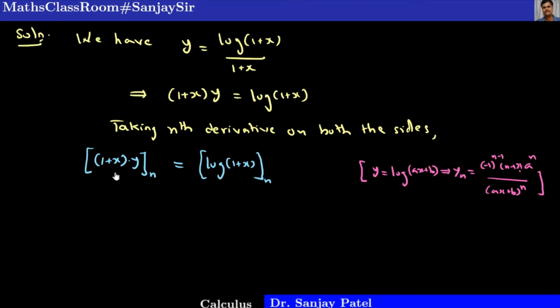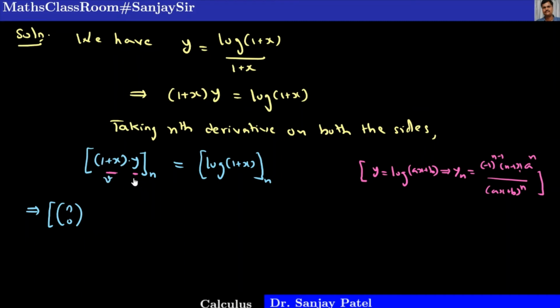And in the left hand side, we have product of two functions and we want to find its nth derivative. So I will apply the Leibniz theorem for this left hand side function. So the next step will be applying Leibniz theorem for the left hand side. We get nc0, and you know in Leibniz theorem, the function whose derivative becomes 0 after some stage we take as v. So this is a polynomial of degree 1. Its second derivative will be 0.